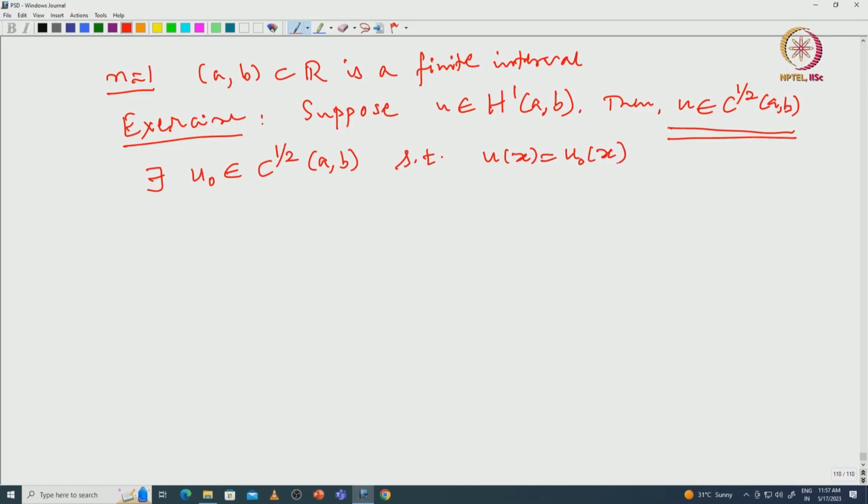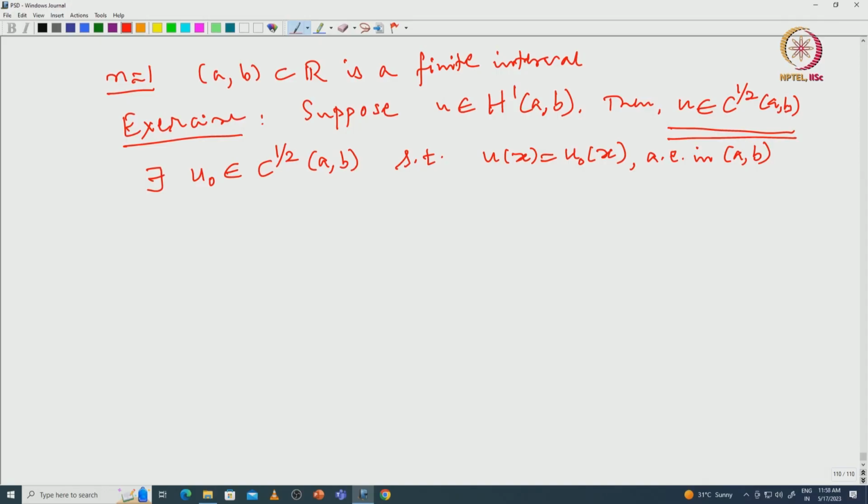That is the actual meaning. This is a nice exercise. Of course, if u is an L2 function, it need not be continuous, but if you give a little regularity, namely its distributional derivative is in L2, that makes the function Hölder continuous with exponent half. This is what we are aiming at.